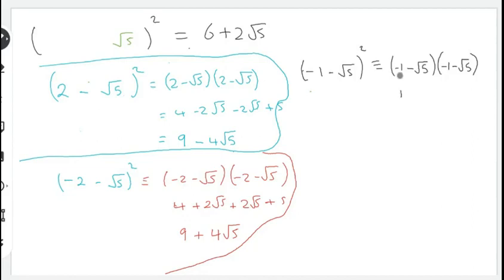So -1 times -1 is 1. 1 times -1, sorry, times -√5 is plus √5. -√5 times -1 is plus √5. -√5 times -√5 is plus 5. That gives us 6 plus 2√5.